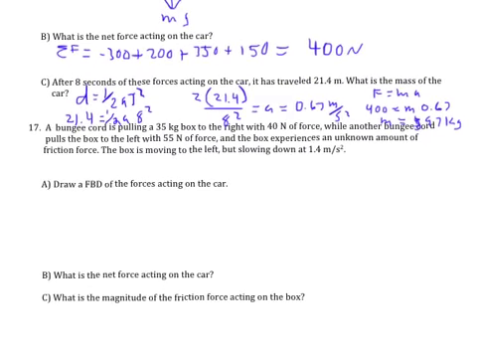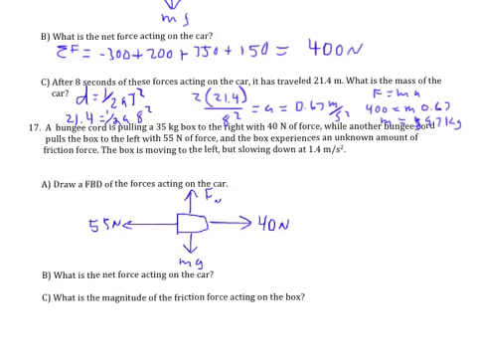A bungee cord is pulling a box, so let me just draw my box. A bungee cord is pulling it to the right with 40 newtons of force, while another bungee cord pulls it to the left with 55 newtons of force. Of course, the box, being in a gravitational field, has weight mg, and therefore it has a corresponding normal force Fn, and those two are going to cancel each other out.